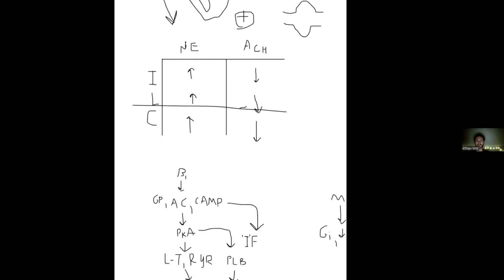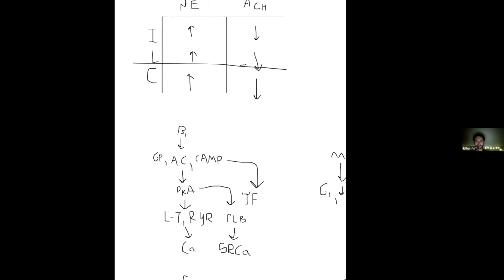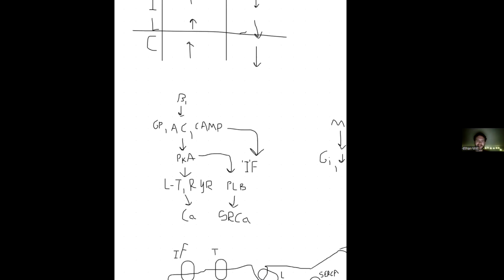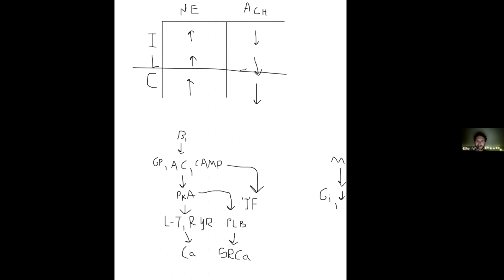So I'm going to break down each of these arrows individually, and I'm going to try to keep this as concise as possible without rambling on. So bear with me. I have a little diagram drawn here. Norepinephrine stimulates beta 1 receptors in the heart, initiating a chain reaction of G proteins, which activate adenylyl cyclase, creating cyclic AMP.